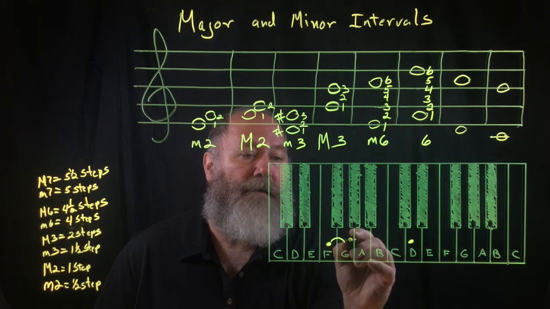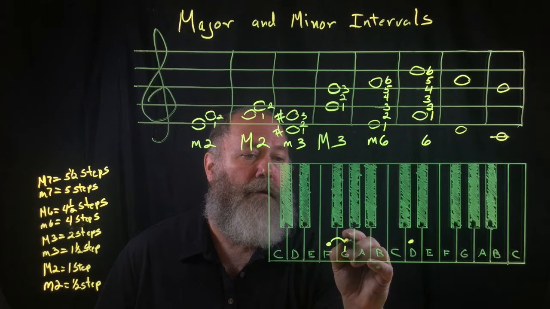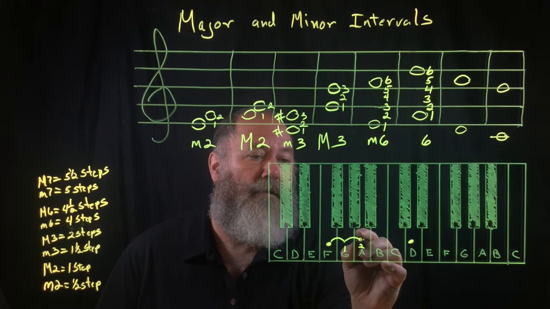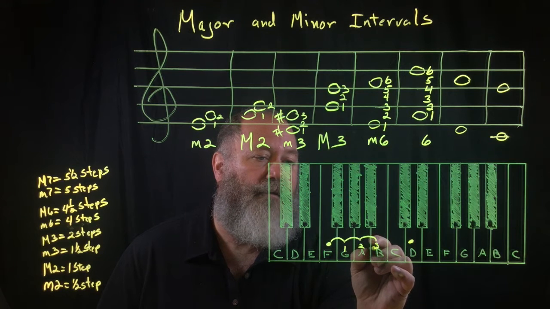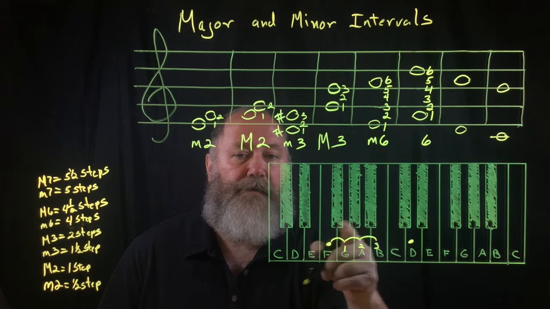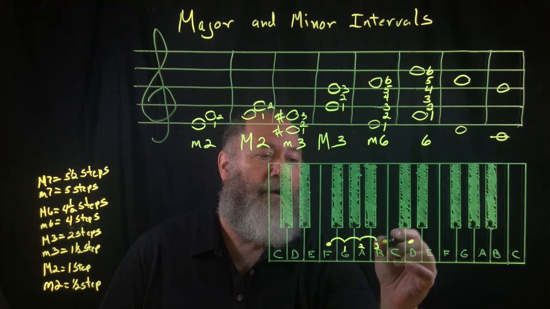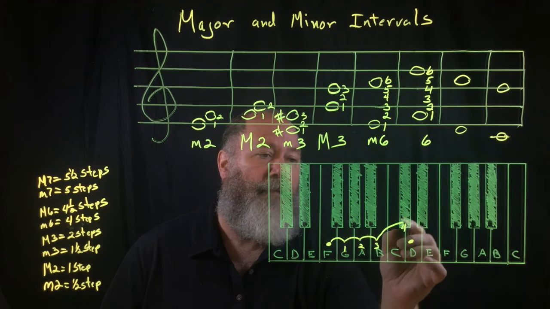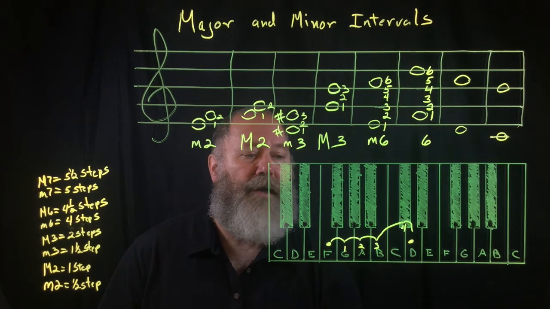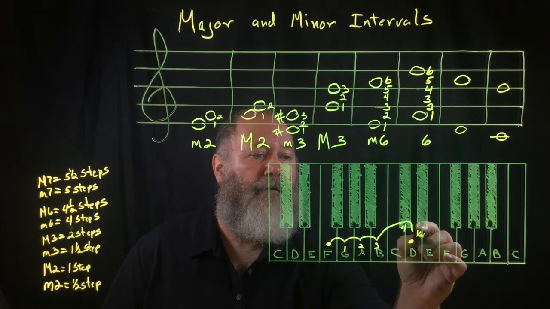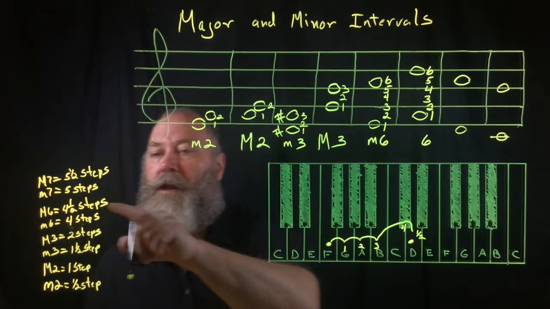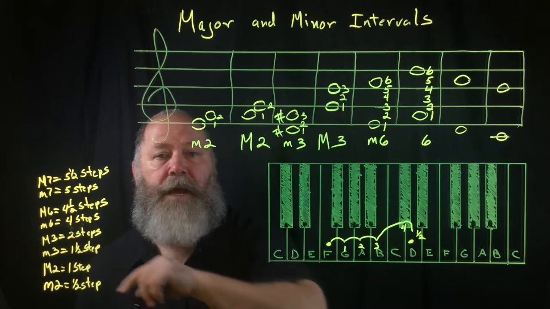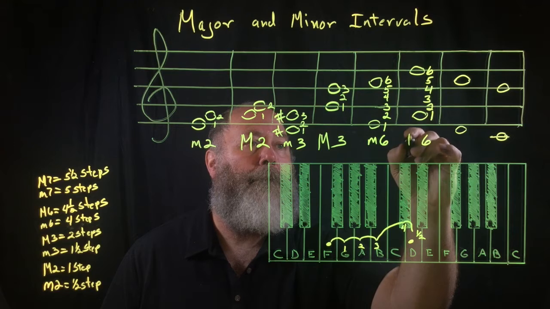A whole step to here is 1. A whole step to here is 2. A whole step to here is 3. Those are whole steps because we're skipping those blank keys in between. To go a whole step from here, we go up to there, that's 4, so we're skipping this key that time. And then from here to there is only a half step, so 4.5. So 4.5 steps tells us major sixth, so capital M.